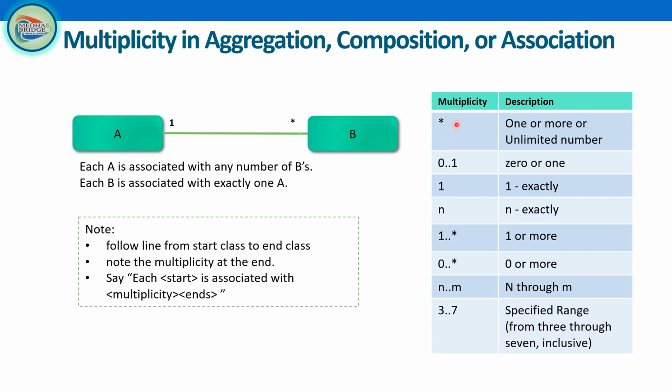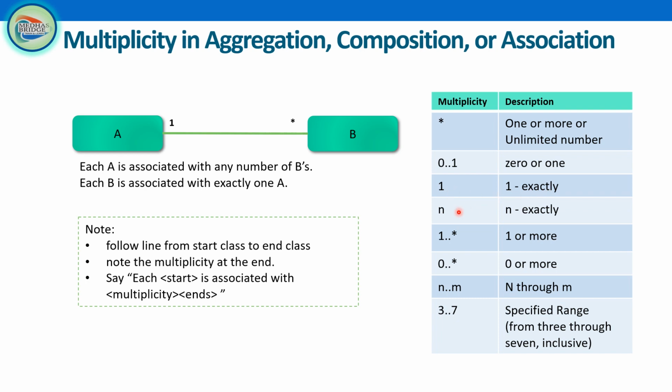Look at multiplicities. For instance, when you see a star, this means we have one or more, an unlimited number of associations. 0 to 1 means either 0 or 1. If you see 1, it is exactly one cardinality.